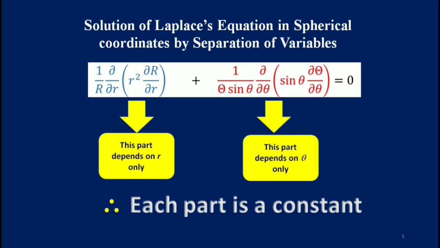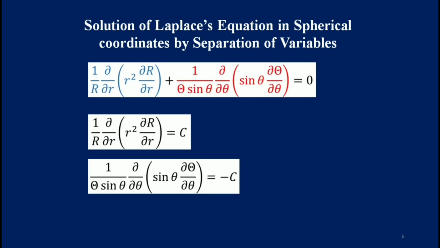So each part is a constant, as you can check from the dimensions. Taking the same constant as capital C, we have C plus negative C equal to 0, so we equate these terms to capital C because they are dimensionless.